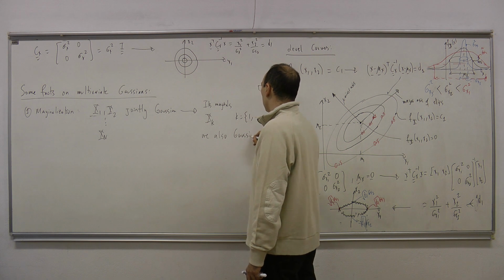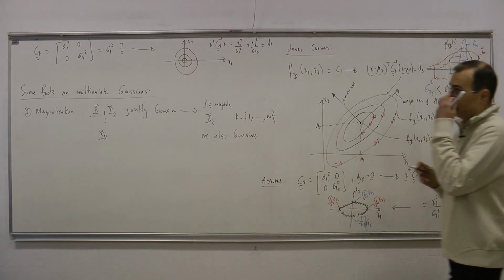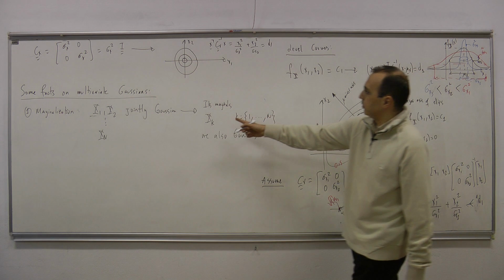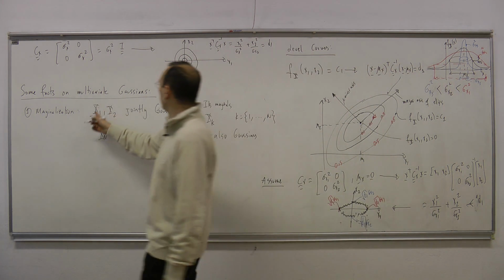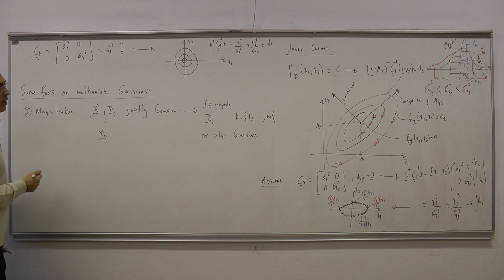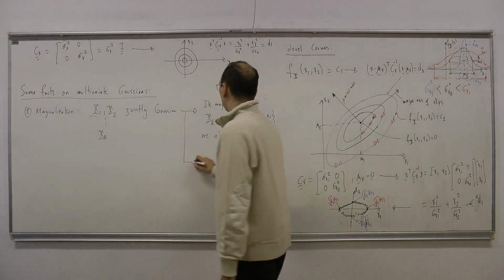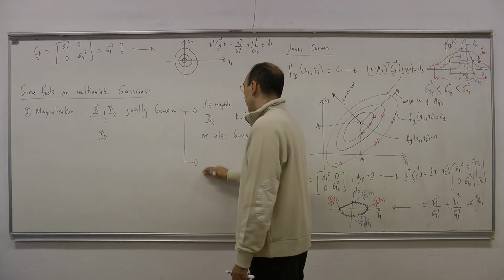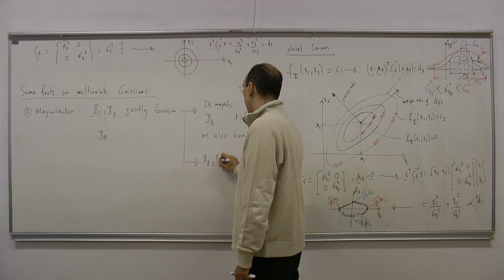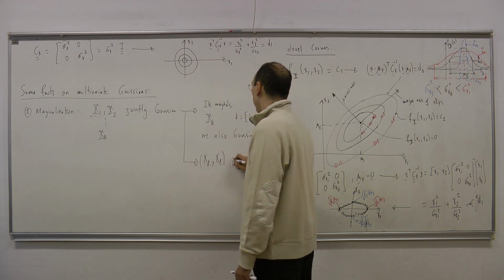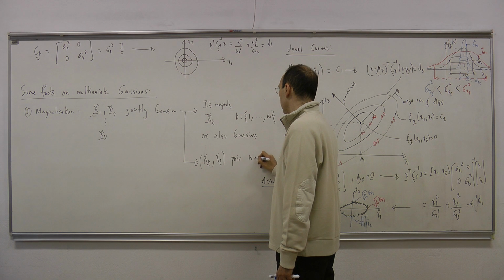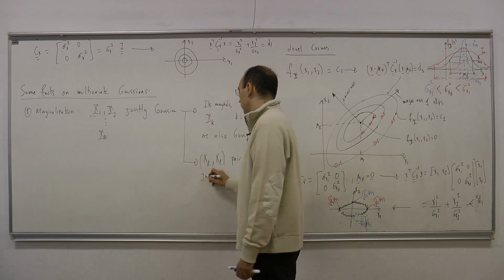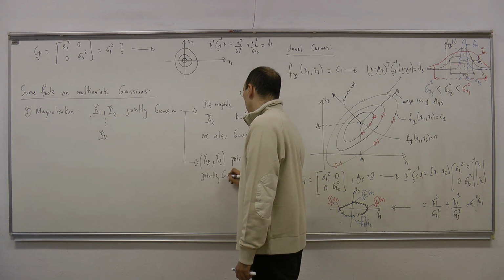But obviously, as you can see, this is a one-dimensional Gaussian, while this is an n-dimensional Gaussian vector. Okay? Similarly, pairwise, the xk, xl pair is also jointly Gaussian.